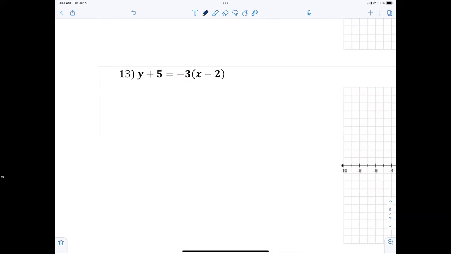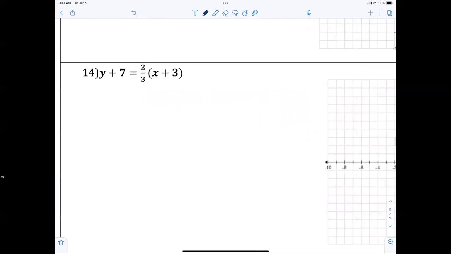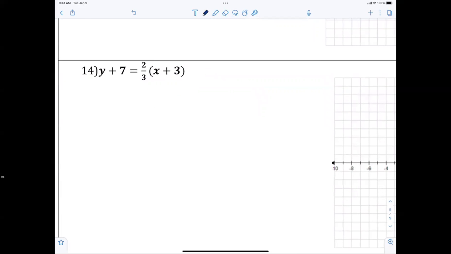Unfortunately, it's not correct. 2, -5, and the slope is what? -3/1. Now plot those points. Plot the point 2, -5, and then use the slope. All right, that's what happens. Just to make sure we're all in great shape, Miss Emma's up.